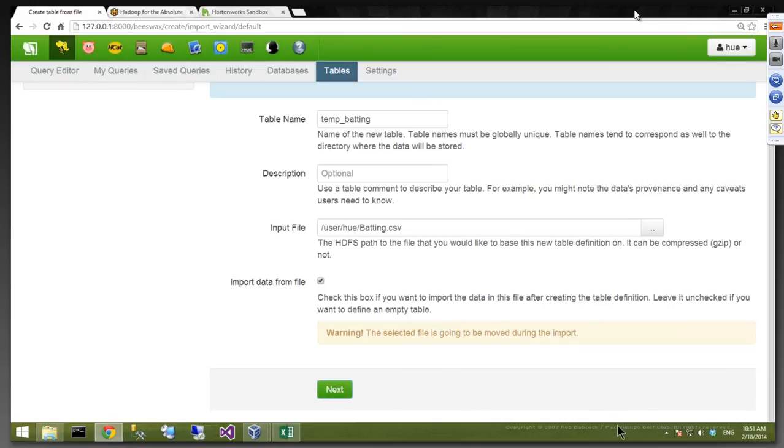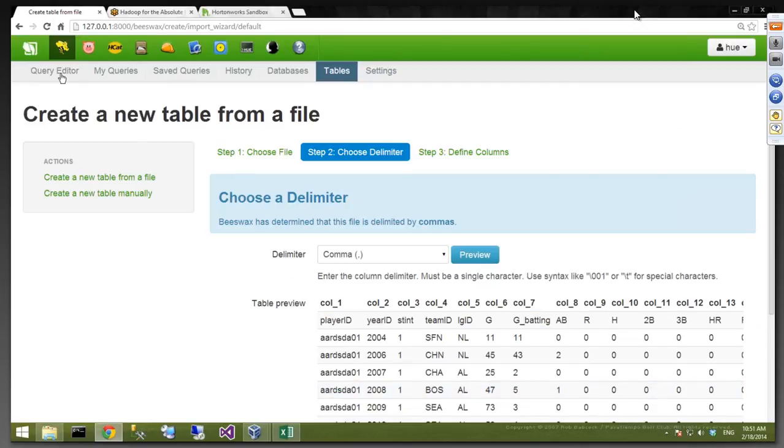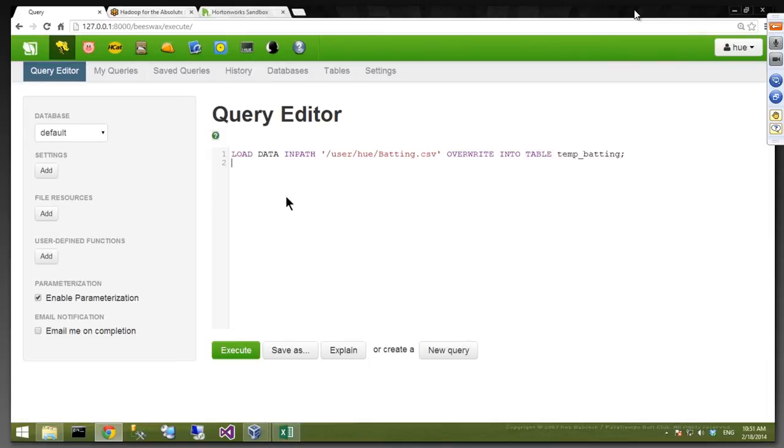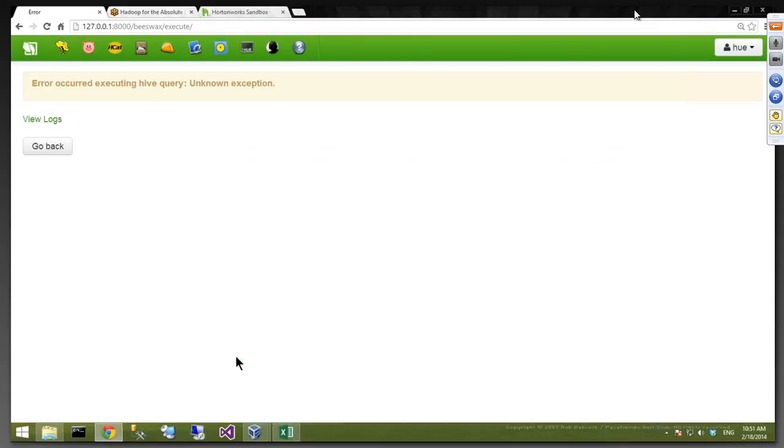Okay, so that's one way that I can create the table here, but I actually am going to do it through syntax. So I'm not actually going to click next right here. Instead, I'm going to go back to my query editor, and I'm going to load the data from batting CSV into the table temp batting. And let's execute that and load it.